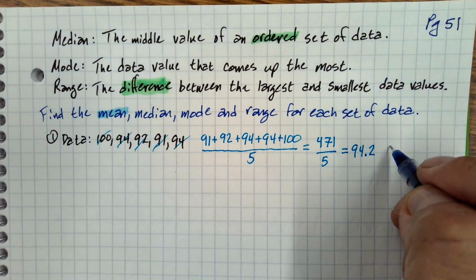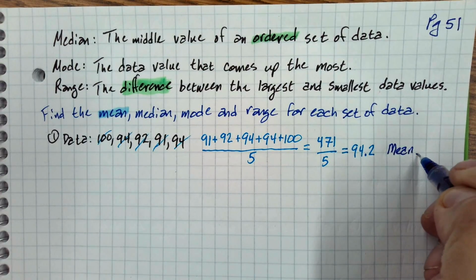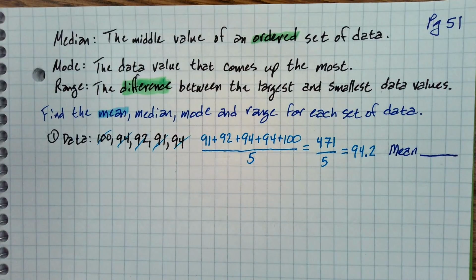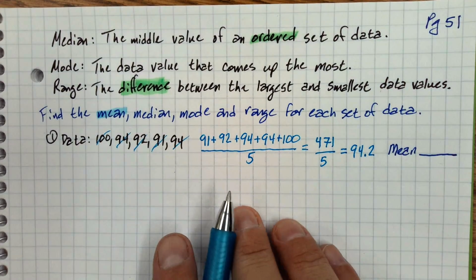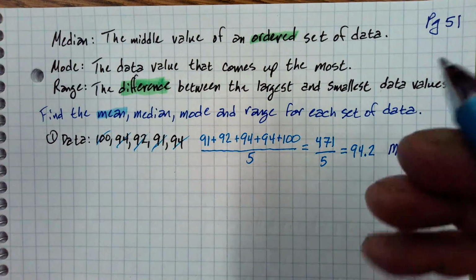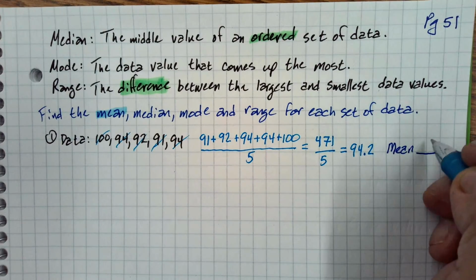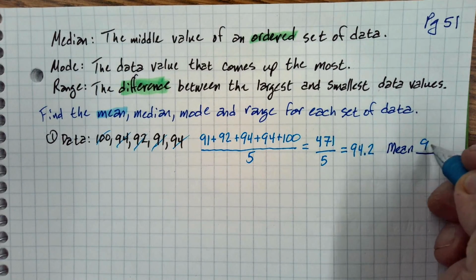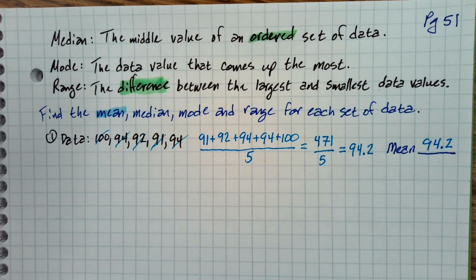That's the average. And all of that, any one of us can do, because we have access to a calculator. This isn't a class where I'm asking you to do long division or anything like that. We just want to know how to use those tools. So it's 94.2.